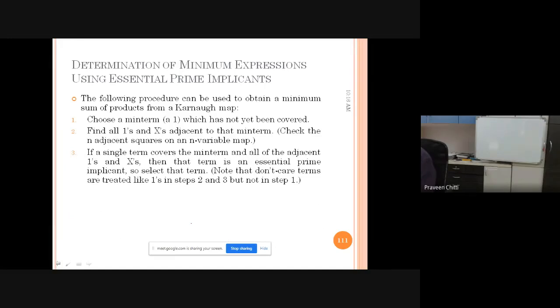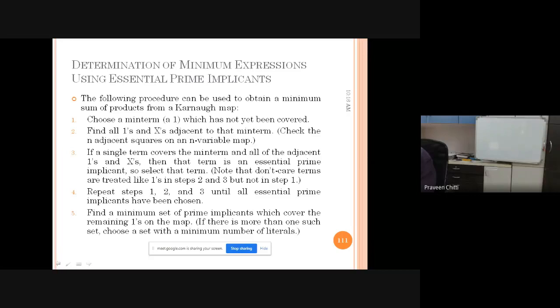If a single term covers the min-term and all of the adjacent ones and x, then that term is an essential prime implicant, so select that term. Like this, you should repeat the process, find all the essential prime implicants, and find a minimum set of prime implicants which cover the remaining ones on the map.